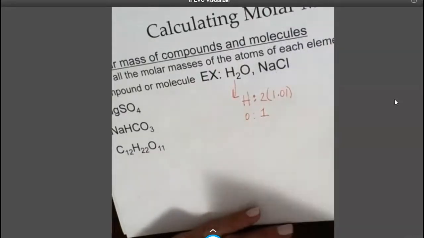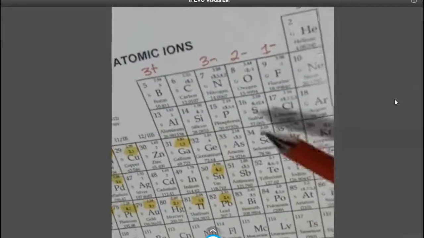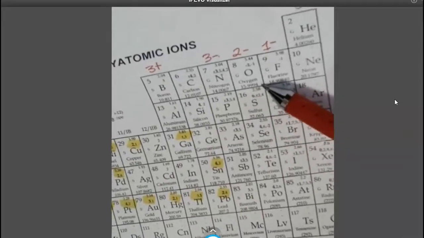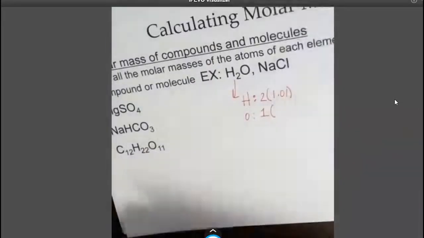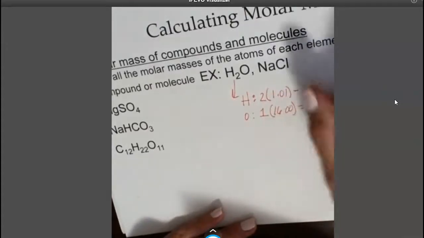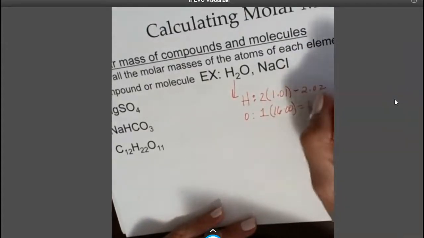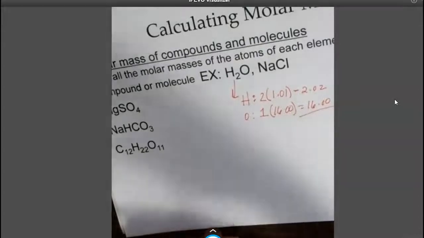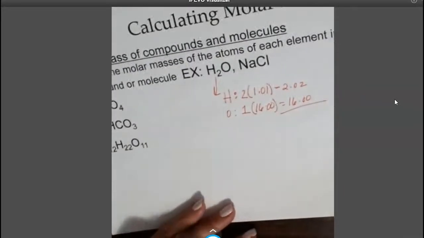I have 1 oxygen atom, and I'm going to go to my periodic table. I'm going to find the atomic weight of oxygen, round it to 2 places past the decimal, and that's 16.00. So 2.02 plus 16.00. Molar mass is always rounded to 2 places past the decimal.